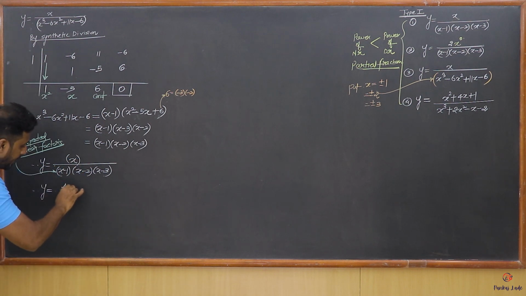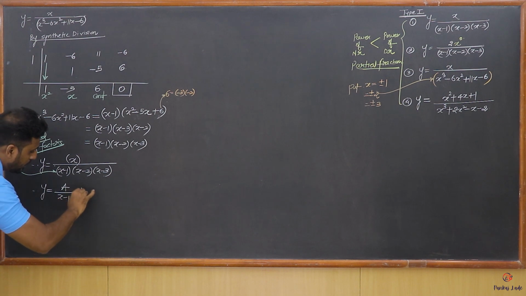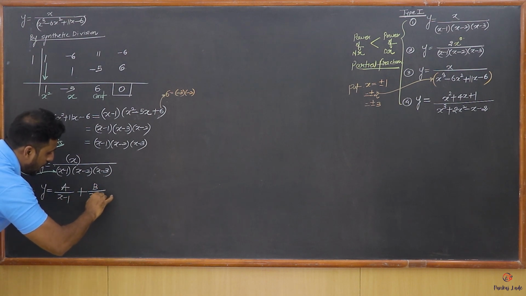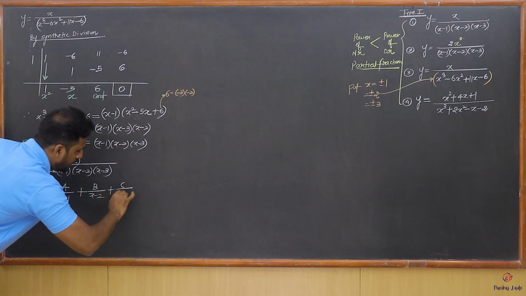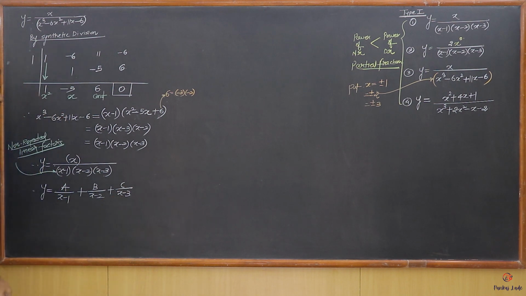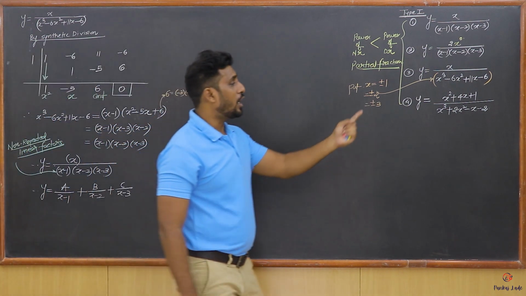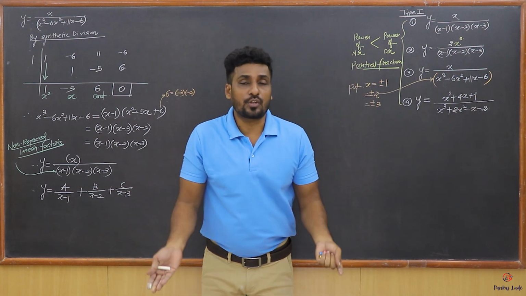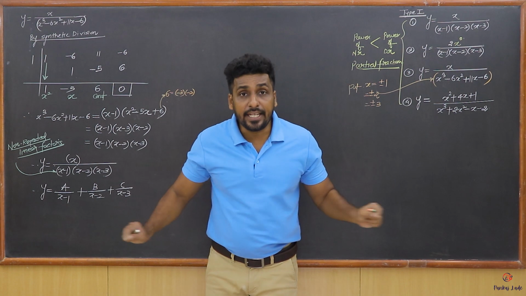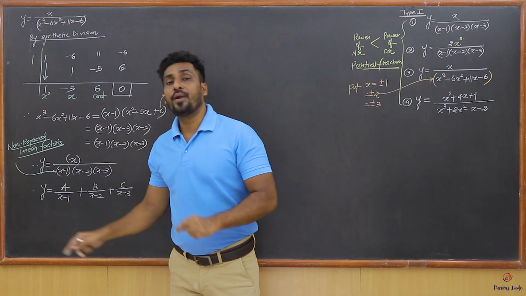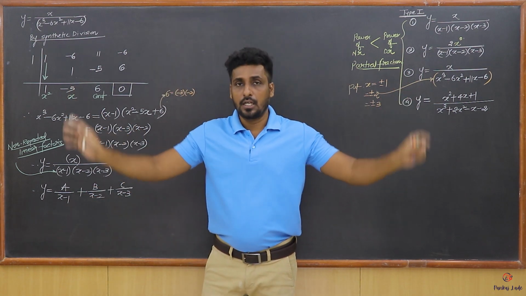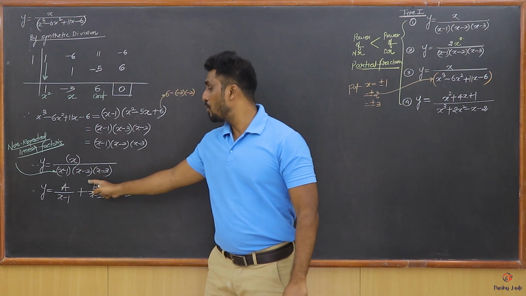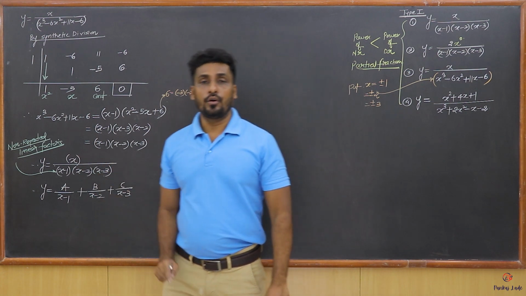Just write a upon x minus 1 plus b upon x minus 2 plus c upon x minus 3. It does not matter whether there is one term, whether there are two terms, whether there are three terms, whether these terms are added or subtracted. It does not matter anything over here. Entire numerator simply vanishes. And you get a upon first factor, b upon second factor, c upon the third factor.